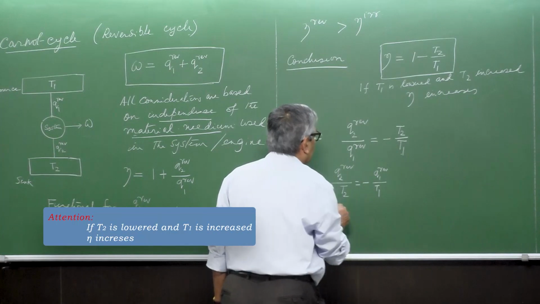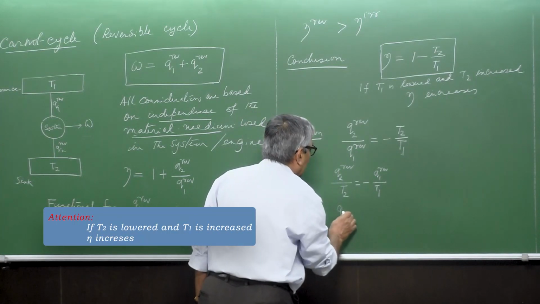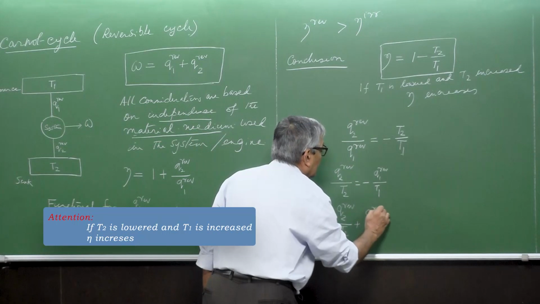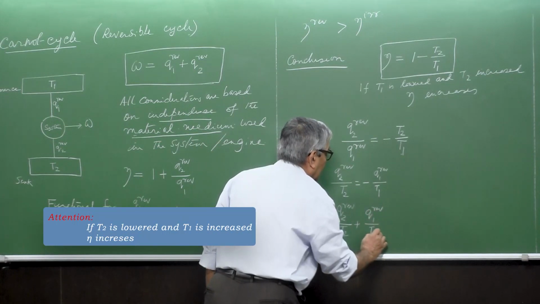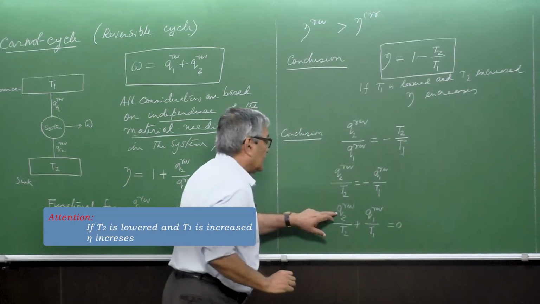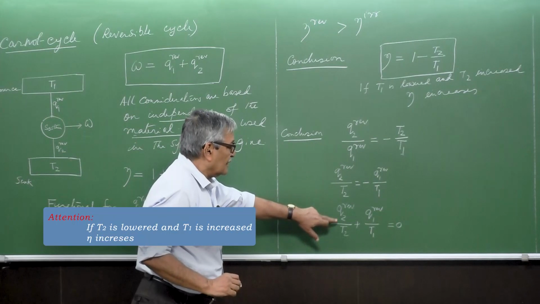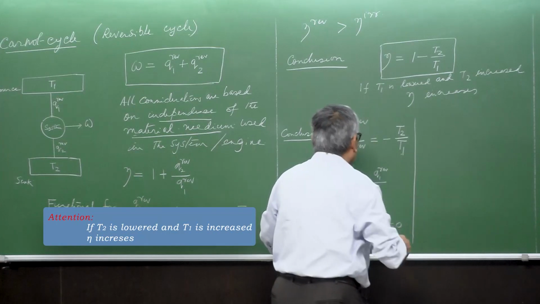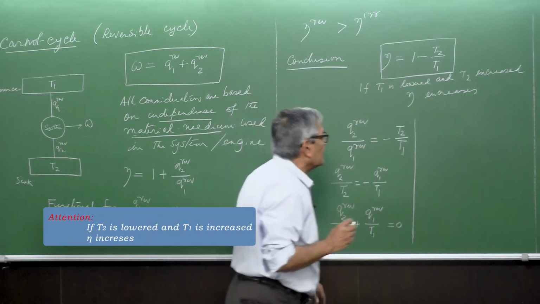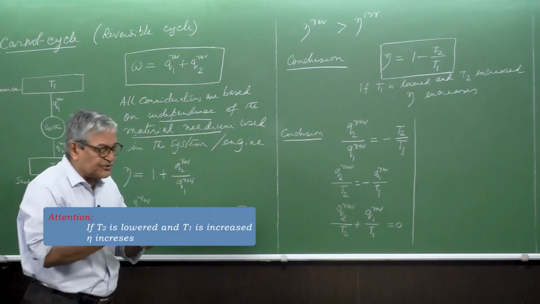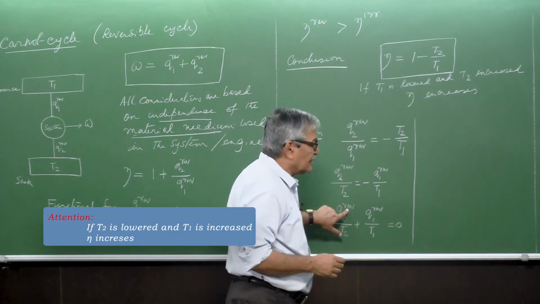Now I can rewrite it in this form: Q2 reversible by T2 plus Q1 reversible by T1 equals 0. This is for finite steps, but for reversible processes, if these are added in very, very small quantities, then there is no change in the surroundings, because the reversibility condition is maintained.